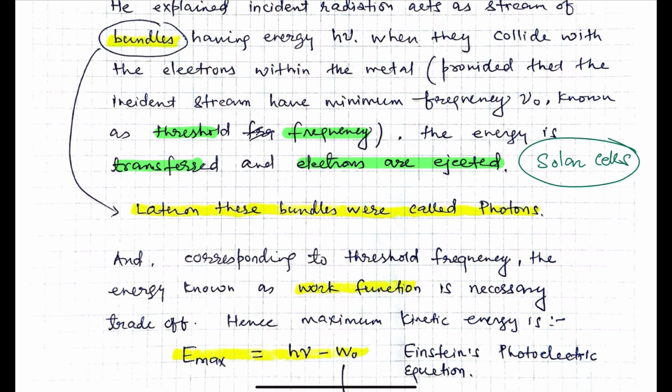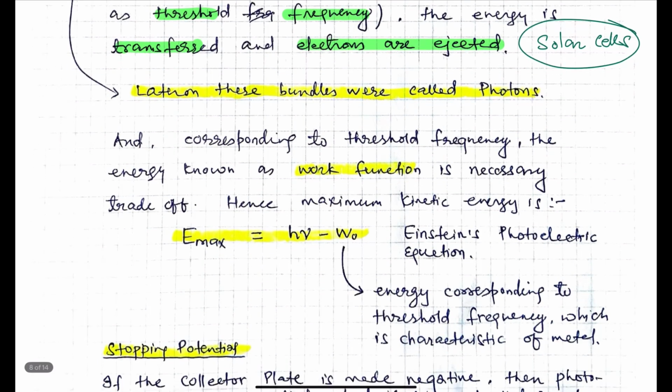The solar cells are an application of the photoelectric effect. Now, we have the minimum frequency, which is called the threshold frequency. If you throw radiation below this level, the electrons are not going to get ejected. Let me tell you very clearly that this threshold frequency is characteristic of metals.